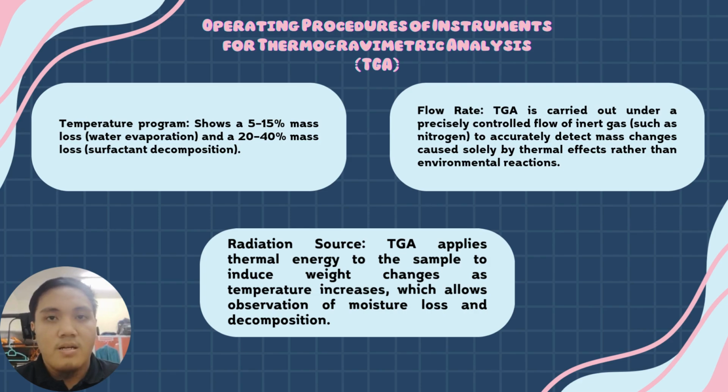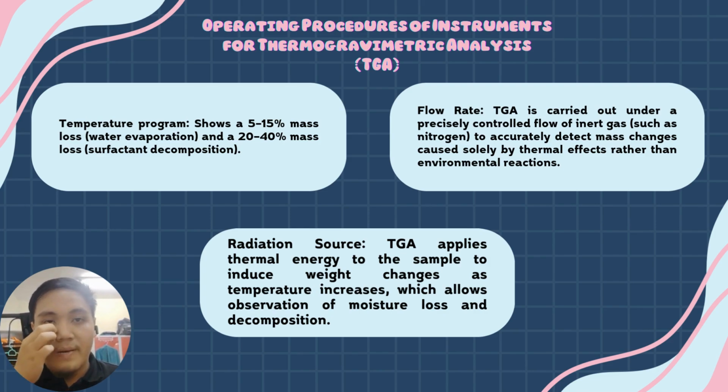Let's examine the procedures for thermogravimetric analysis, or TGA. The temperature program is designed to show mass loss. We typically observe a 5 to 15% loss due to water evaporation and a 20 to 40% loss from surfactant decomposition.